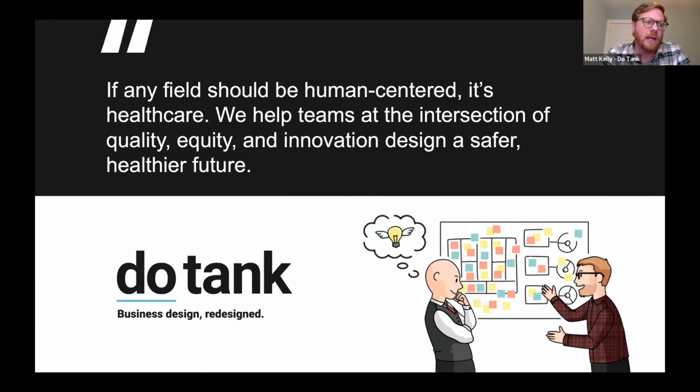And we naturally found our way towards healthcare. At this point, by far, most of our work is in the healthcare space. It's such a natural fit between this empathy-rooted, human-centered approach to problem solving, breaking down complexity, bringing people together, and a mission and industry that's really focused on human beings.